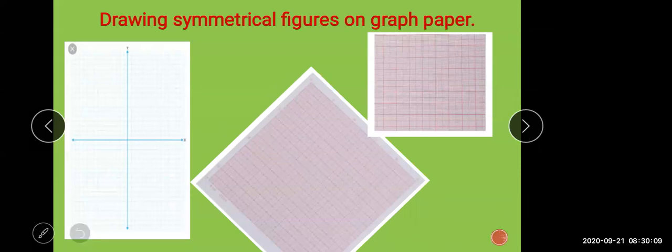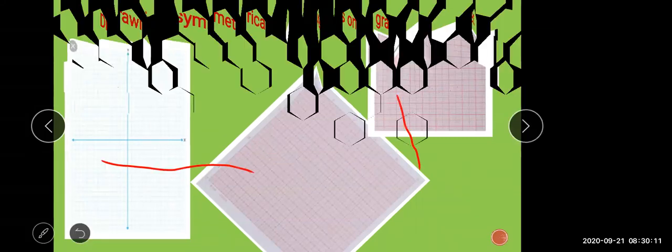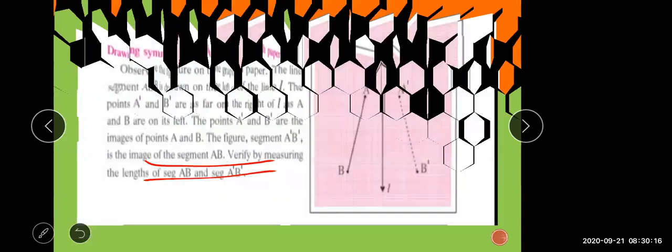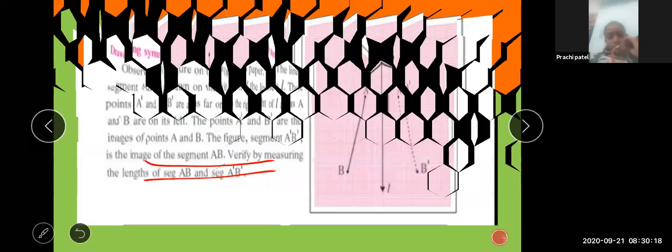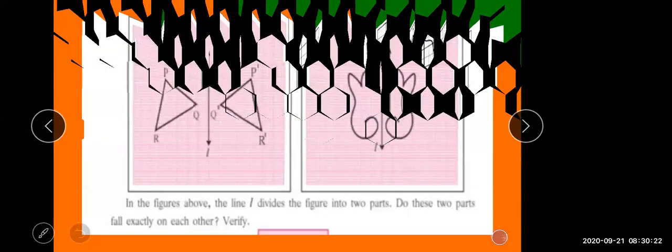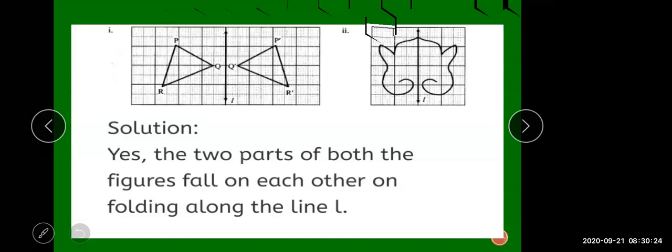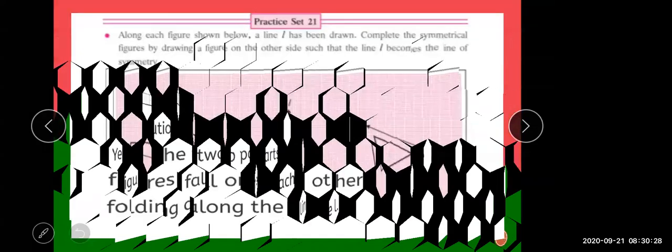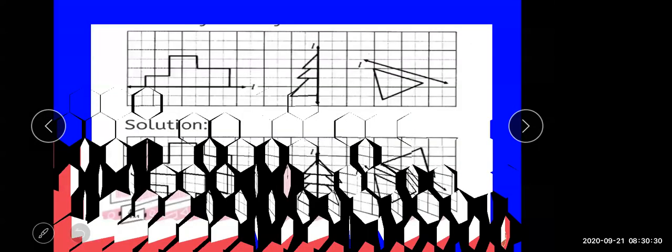Okay, now again, do you have any question? This is the graph paper. Now you can take the homework. Take the screenshot of the homework. Look at it.